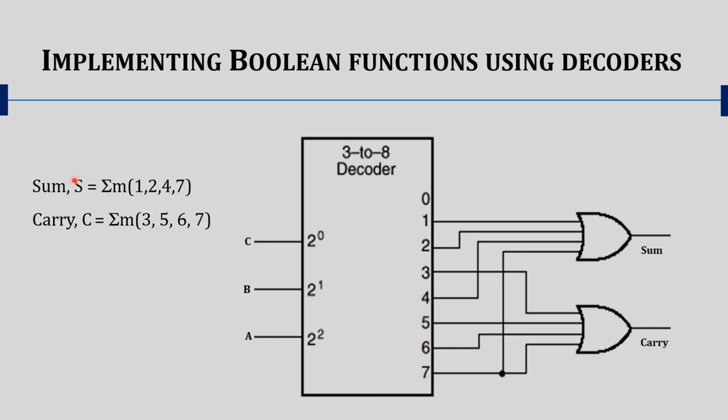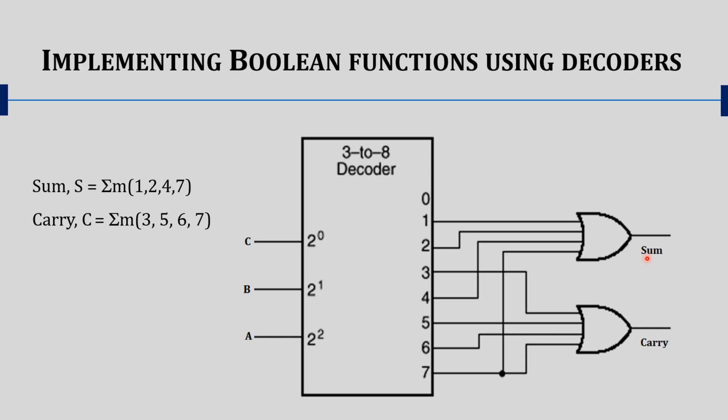To implement the sum term, we are connecting the minterms 1, 2, 4 and 7 to the OR gate. Using this OR gate, we generate the sum value.